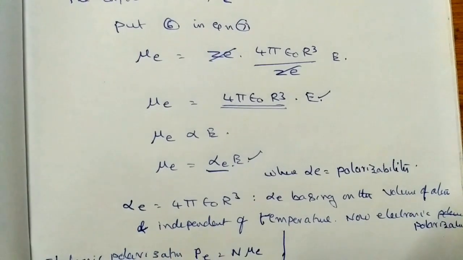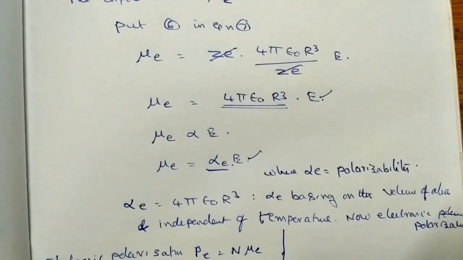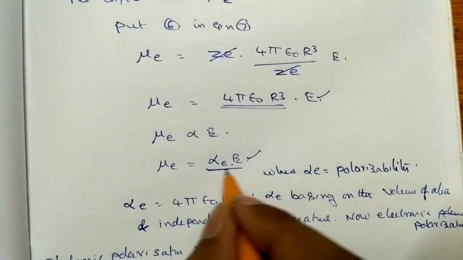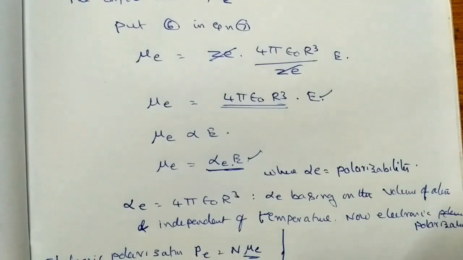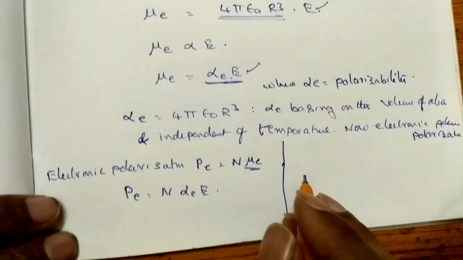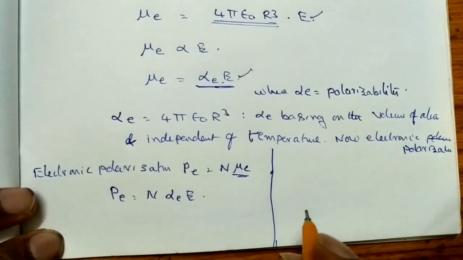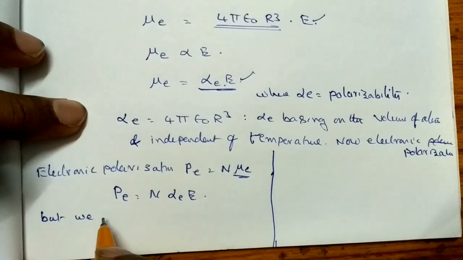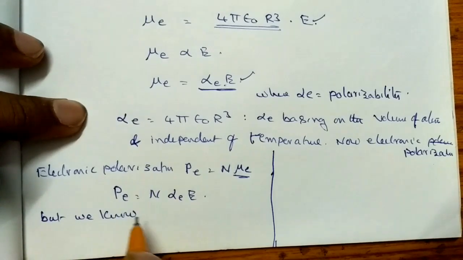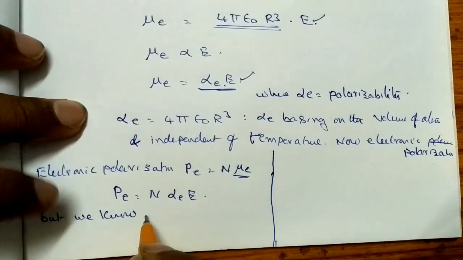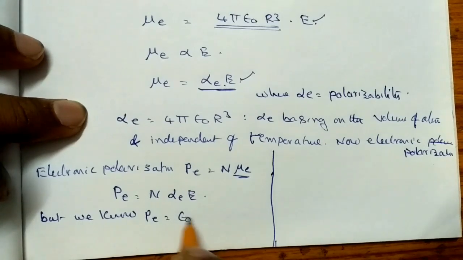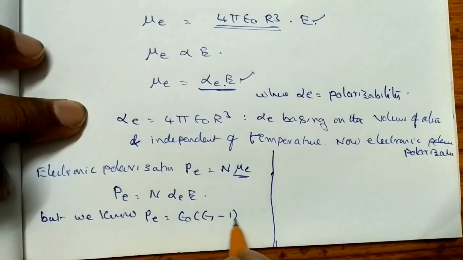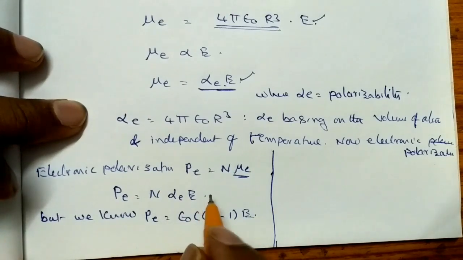Then we know Pe is equal to N into mu e, which means N alpha e into E. But we know Pe is equal to epsilon naught into epsilon r minus 1 into E, which is our previous solution.